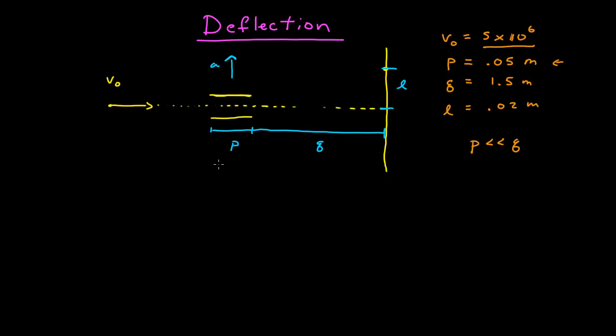The particle acquires some velocity within the plates, and also some deflection within the plates. So there's a deflection within the plates and a deflection out of the plates. We have two regions of constant acceleration that we have to separate out, as well as two dimensions. This could be a very complicated problem.